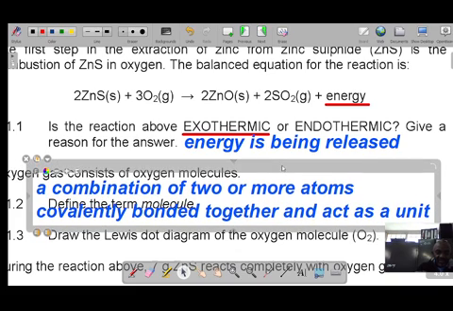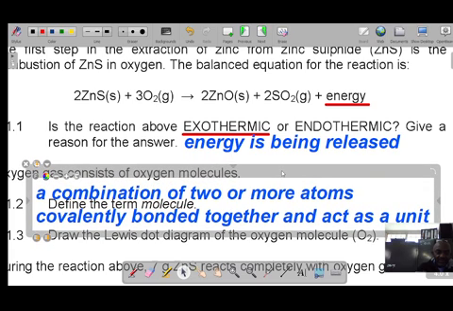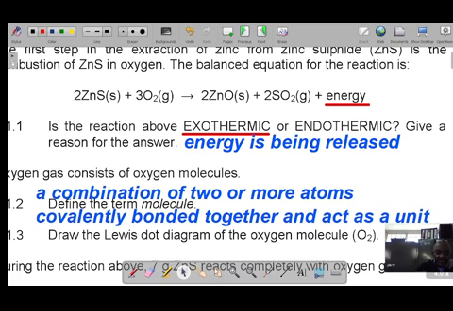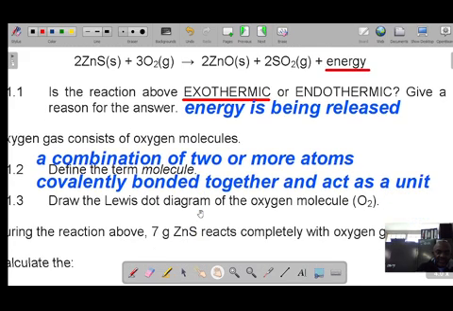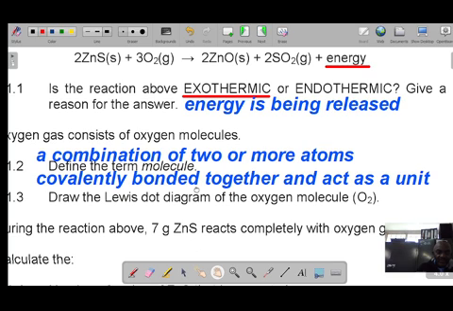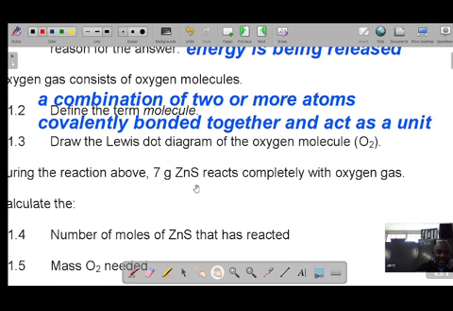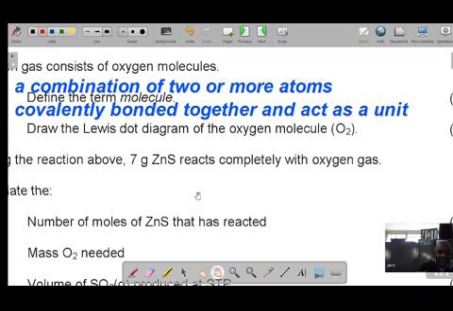Next, they said, okay, I think we are fine here. What must we do next? They said to draw the Lewis dot diagram for the oxygen molecule. Now oxygen is in group 16 or group 6, and so because of that it has 6 valence electrons.